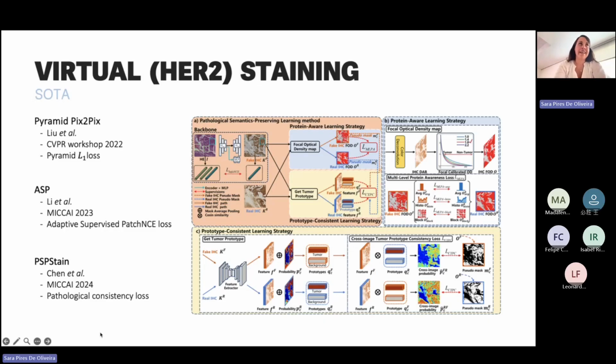And this, again, extends the ASP, but here they try to incorporate a pathological consistency loss, trying to compensate or trying to enhance the staining, the biomarker expression. So the way the brown appears in the image.